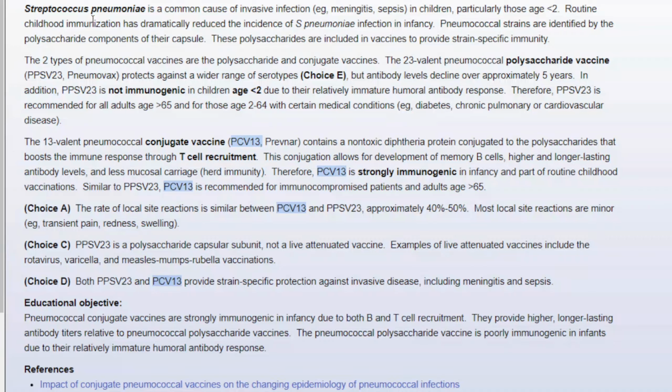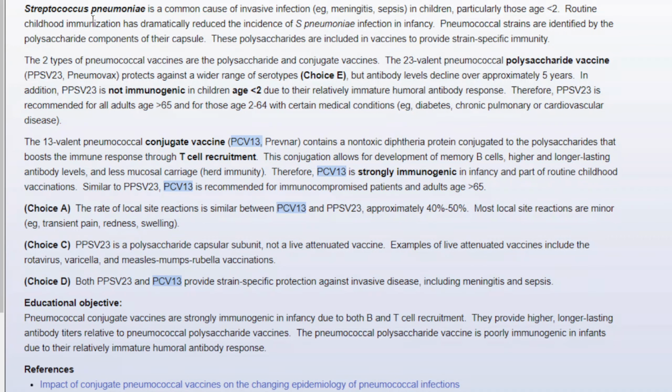The 23-valent pneumococcal polysaccharide vaccine, PPSV23, Pneumovax, protects against a wide range of serotypes, but antibody levels decline over approximately 5 years. In addition, PPSV23 is not immunogenic in children aged under 2 due to their relatively immature humoral antibody response.